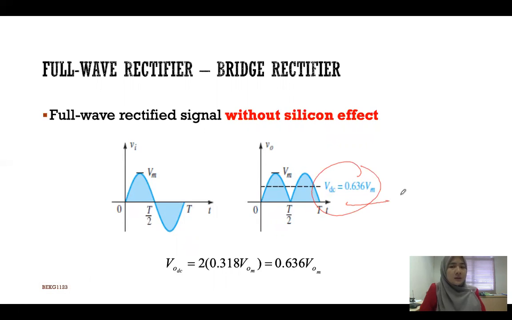Okay, but since this is a full wave rectifier, this is 0.636 Vm, it is actually multiplied by 2. Remember, the half wave rectifier is 0.318 Vm. So for the full wave, you need to multiply with 2. So you will get the VDC for a full wave is 0.636 Vm.